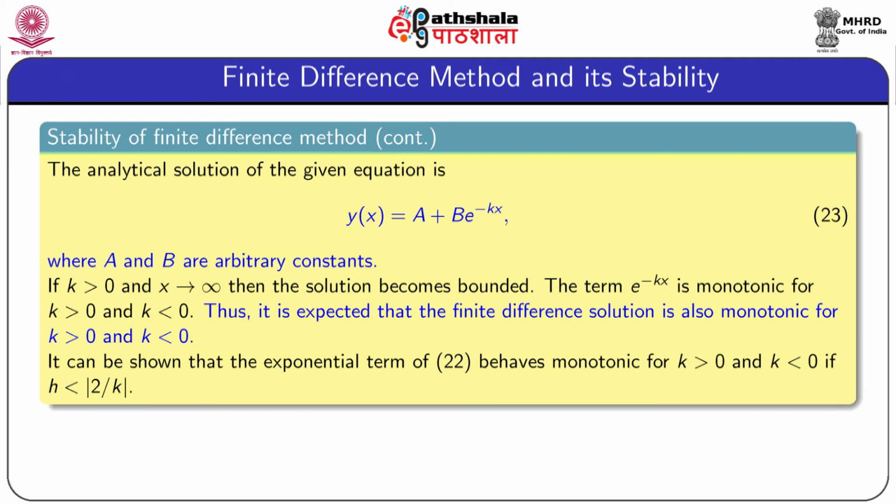It can be shown that the exponential term of equation 22 behaves monotonically for k greater than 0 and k less than 0 if h is less than mod of 2 by k, that means the absolute value of 2 by k. This is the upper bound of the step length h. So, this is the condition for stability of the finite difference scheme. Under this condition the finite difference scheme gives a stable solution.